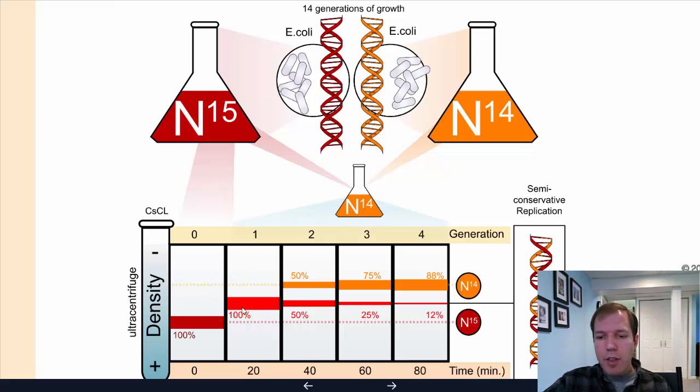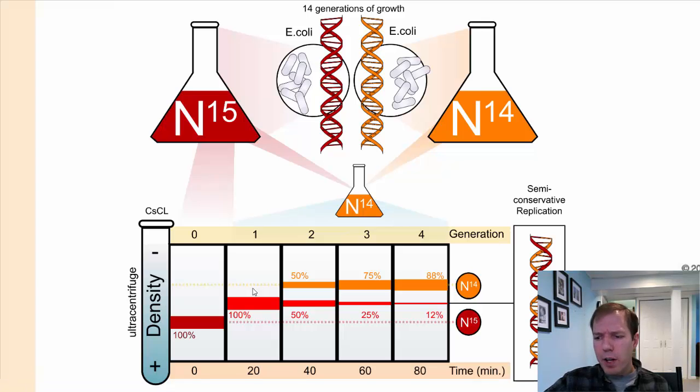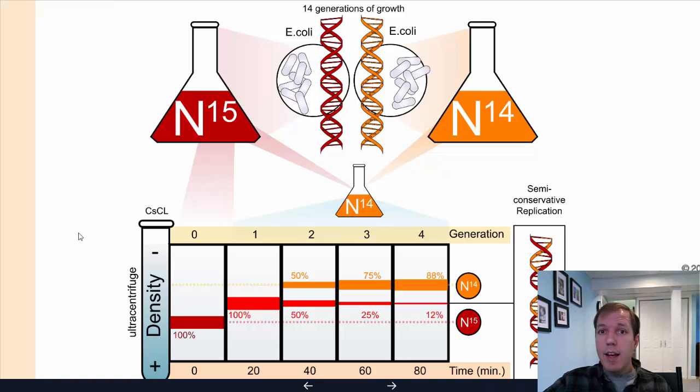After the first generation, they saw that 100% of the bacteria had an intermediate density. They weren't as heavy as the original ones, but they weren't as light as those using only N-14. So that shows, first of all, that it's impossible that they had conservative replication. Otherwise, you would have seen two bands, one with the original set of DNA and one with the lighter set. But they're obviously combining them together.